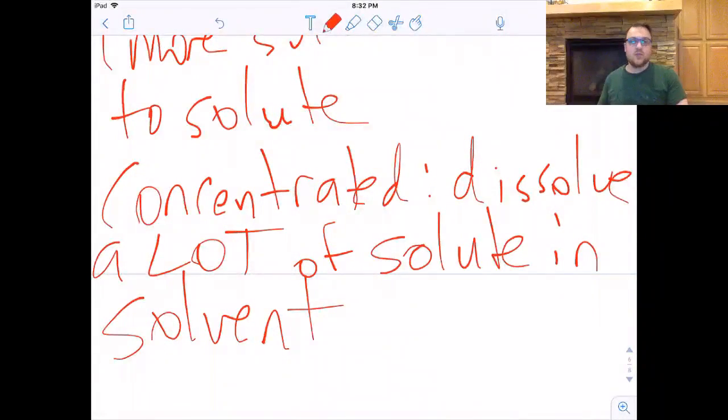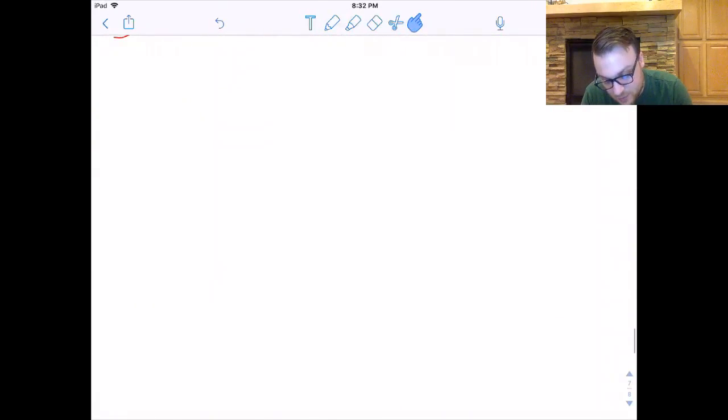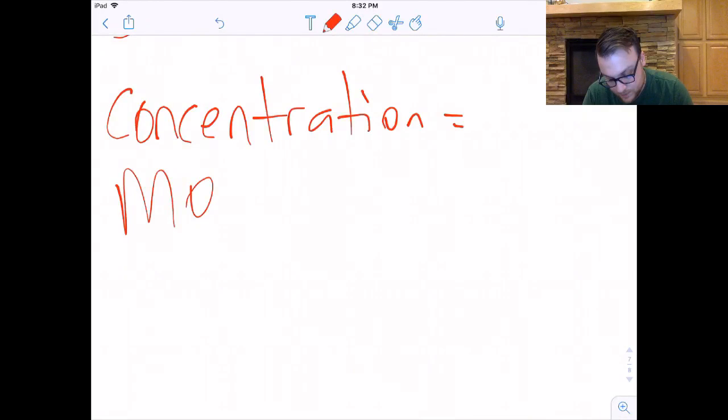How do we express concentration? So concentration we express using molarity, which will always be abbreviated with a capital M. And the formula for this is on the reference table.